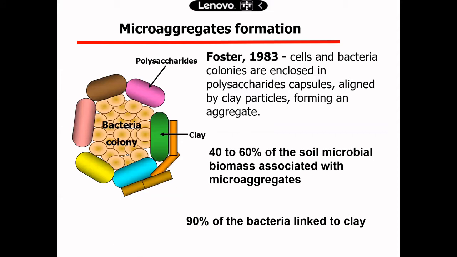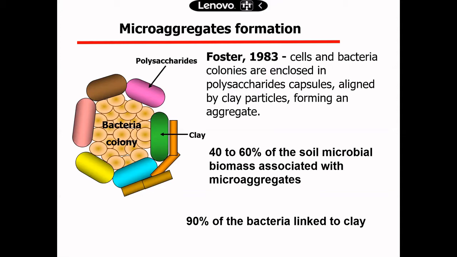So again, all soil starts with microaggregate formation. 90% of this formation is dependent on the bacteria. 40 to 60% of the soil microbial biomass is associated with these microaggregates. That's mainly your bacteria. Bacteria are very important for starting the process of getting these clay particles to form microaggregates.